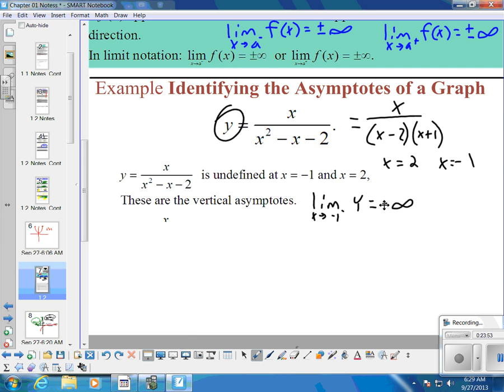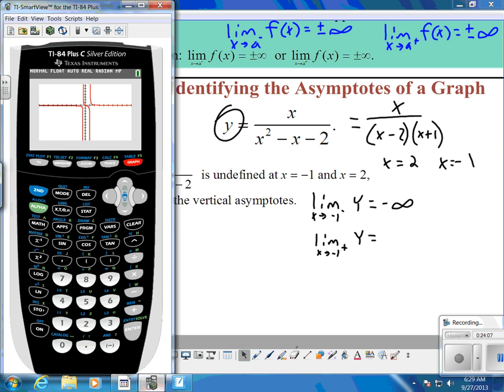If you approach the same thing from the right, that's what this addition sign means. What happens? Well, here, I'll show you what that means. I'm just looking at this x value of negative 1. So as I approach that from the right, it doesn't matter what happens here, because this isn't the x value of negative 1. I've got to follow it. Okay, now I'm getting close to x value of negative 1.